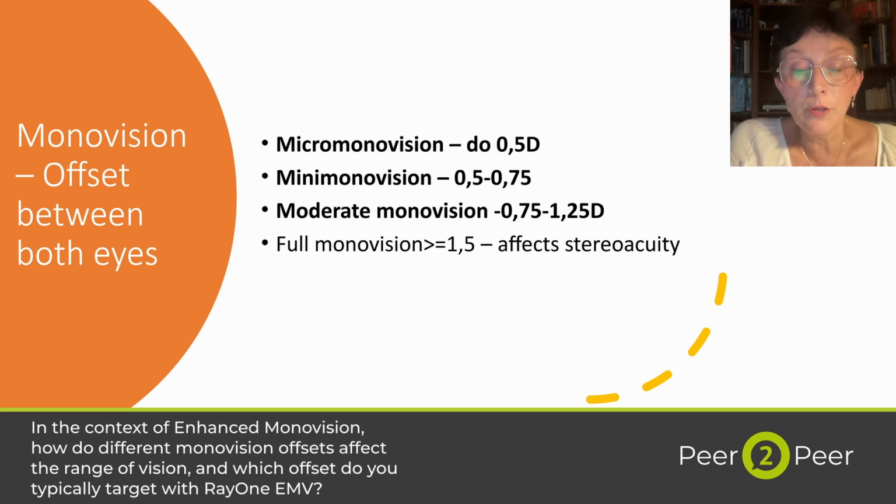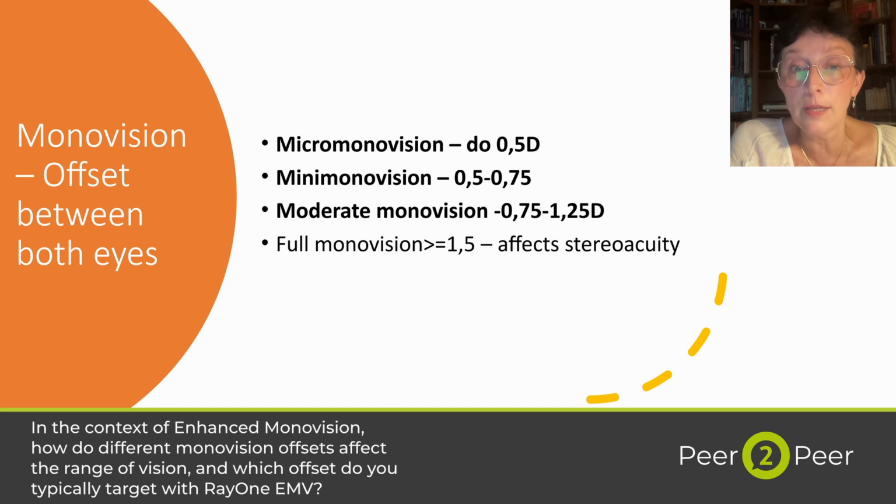Monovision is the difference between both eyes. The dominant eye is targeted for emmetropia, and the non-dominant eye usually for a little minus. Micro monovision means up to minus 0.5 diopter, mini monovision from minus 0.5 to minus 0.75 diopter, and moderate monovision is minus 0.75 to minus 1.25 diopter.